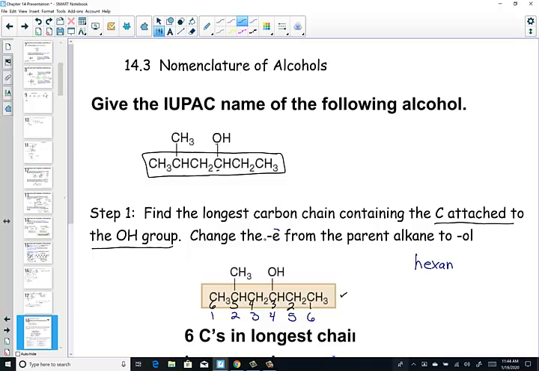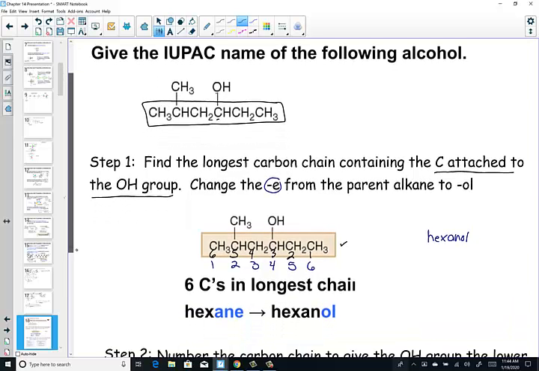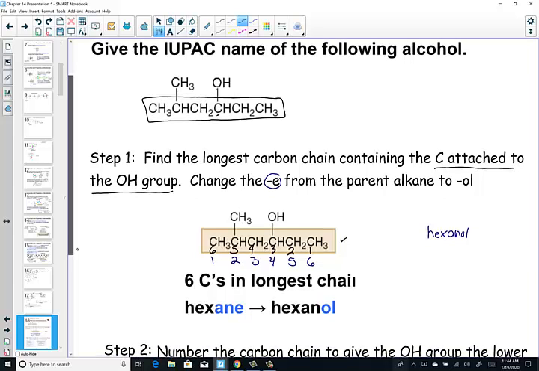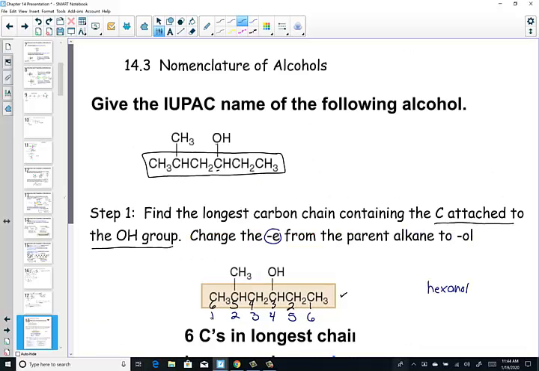But remember, take the E off of hexane and change it to OL. So now we have hexanol. That becomes the parent name of this alcohol. So step 1, find the longest chain and make sure that the root word ends with the OL ending. All right, so that's what we did in step 1.